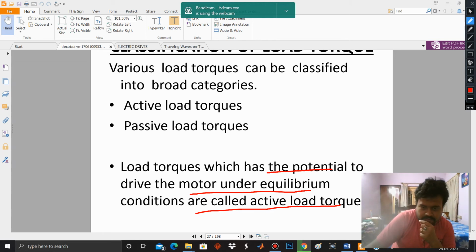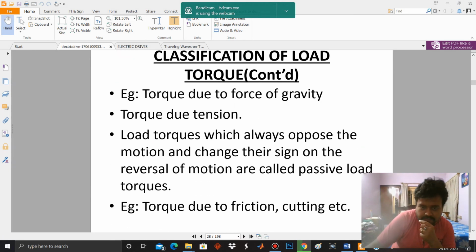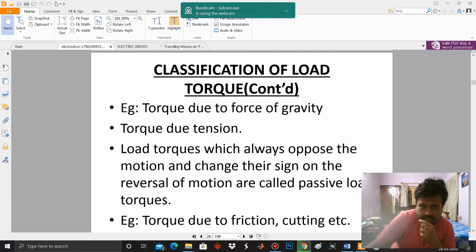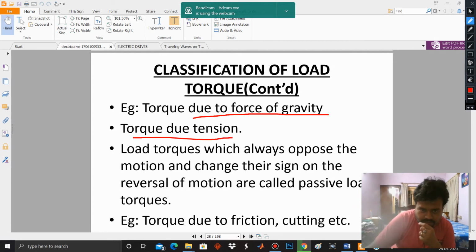So under equilibrium condition, this is very important, active load torque is able to drive the motor. Example, the torque due to force of gravity. This is active load torque. Torque due to tension.